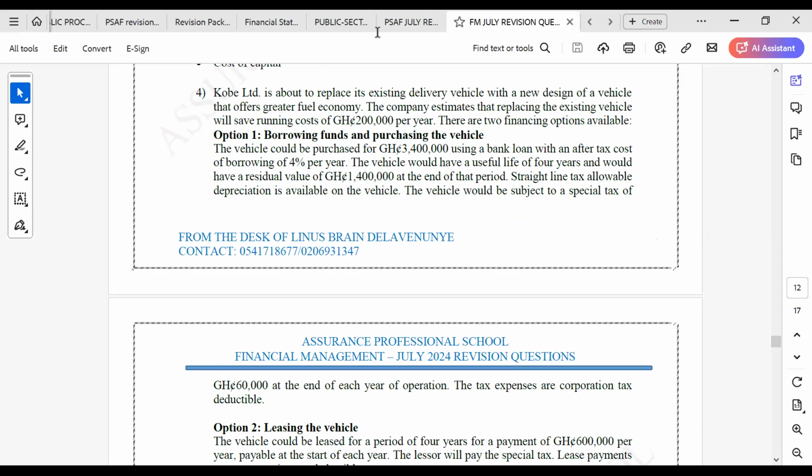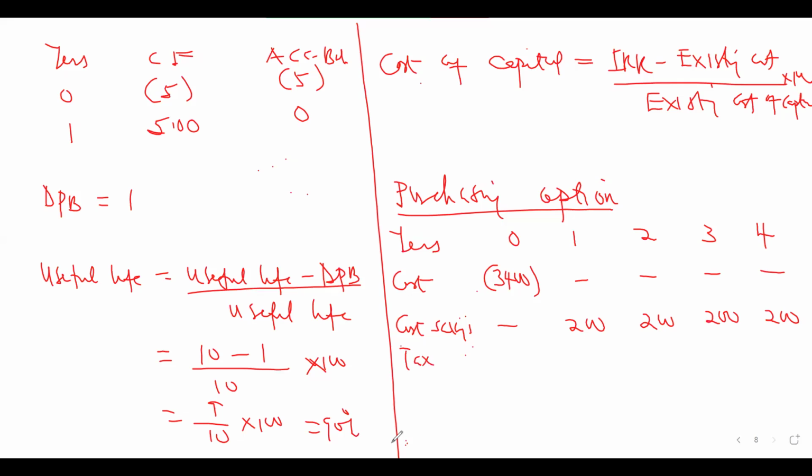So this core savings now will be tax deductible. So we can charge tax on that particular cost. If this was tax deductible, so you now saving this cost means that you have to pay tax on the cash flow. What is the tax that we are paying?